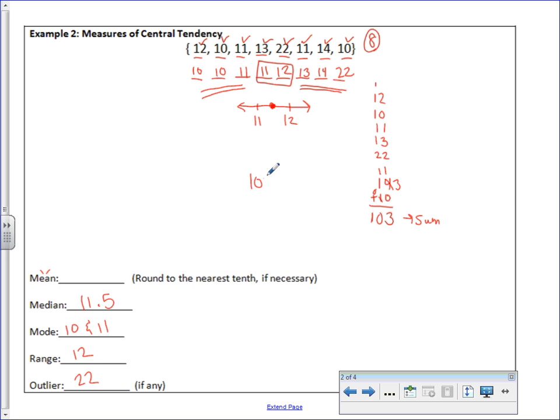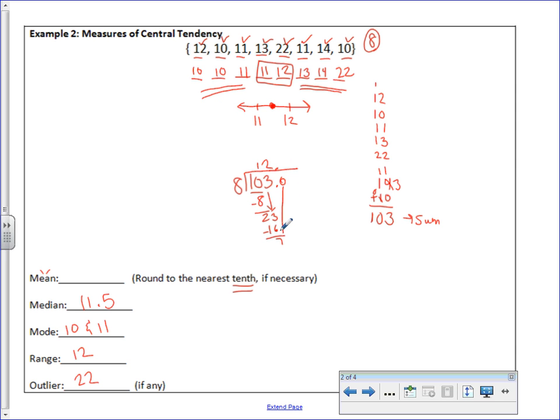So 103 divided by 8. The directions tell me here I can round if necessary, so we'll see if it's necessary. 8 goes into 10 once. Subtract, 2 left over. 8 goes into 23 twice. I have 7 left over. Extend my house a little bit.